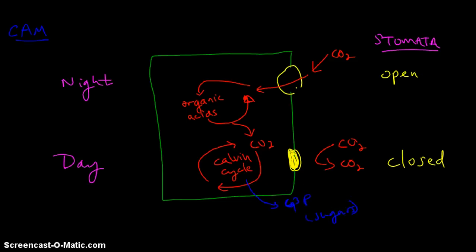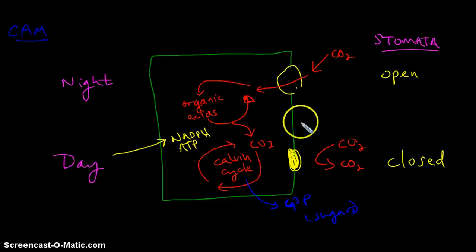Now, what's significant about this is that the daylight hours provide energy for the light reactions to generate the NADPH and ATP needed to convert CO2 into G3P or sugars. So at night, when the intensity and heat of the sun is not there, the stomata are open, CO2 comes in, and the carbon is fixed into organic acids.